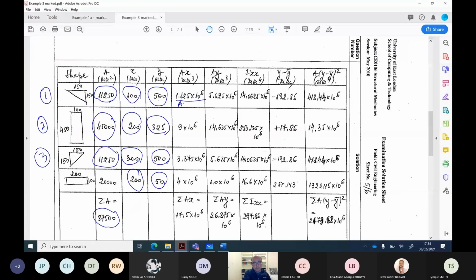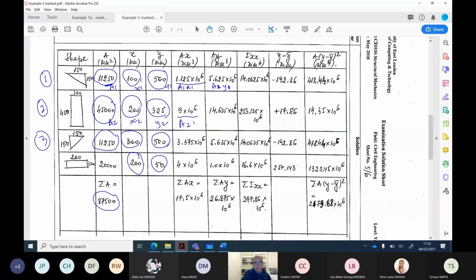So A1 X1 is 11250 multiplied with 500, you will get 5.625 into 10 raised to 6. This is A1 Y1, A2 X2, and this is A2 Y2. This is A3 X3, A3 Y3, A4 X4, and A4 Y4.